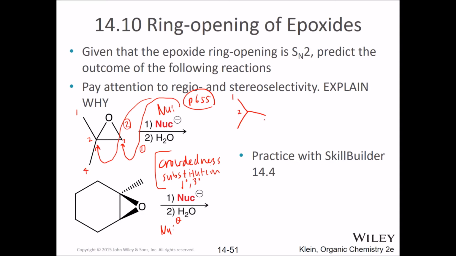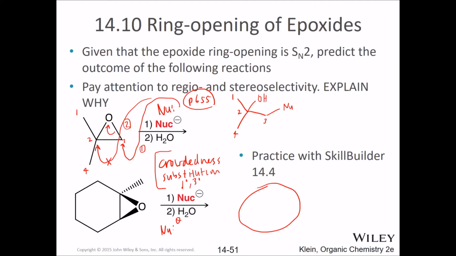It looks like we've got a nucleophile on carbon 4 and a hydroxide on carbon 2. It's going to come into the less crowded position, and this is going to go here, and then we're going to have an alkoxide, and the alkoxide is going to get protonated with the water. So you draw the solution for this one. I think it's also in the book, probably on page 655.